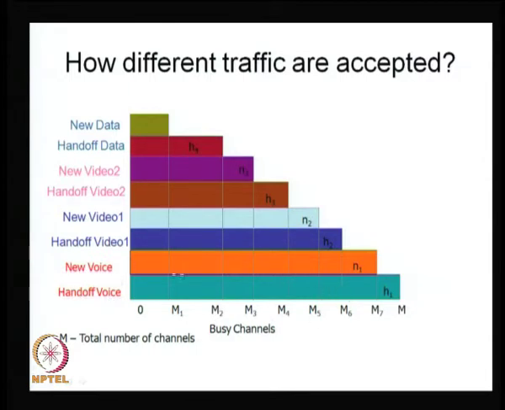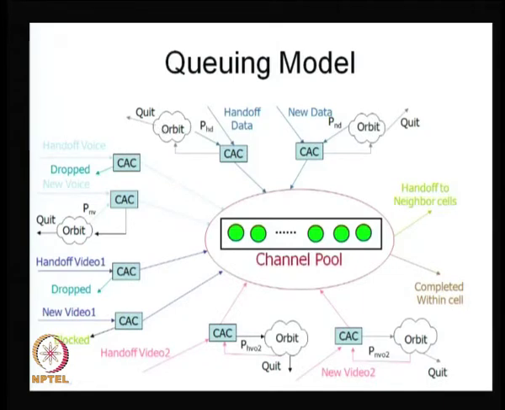So, like that this is the higher priority, then the next priority and so on, and this is the new data call, and there is no priority for the new data. Therefore, this is the lowest priority call traffic, and this is the corresponding queuing model.